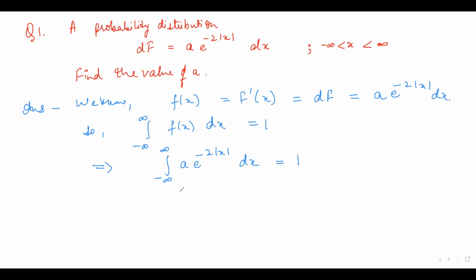Just substitute the values here, and because here we have a mod function, the interval needs to be broken up, and it would be from minus infinity to 0, then from 0 to infinity. And with this, we can find out the value of a.